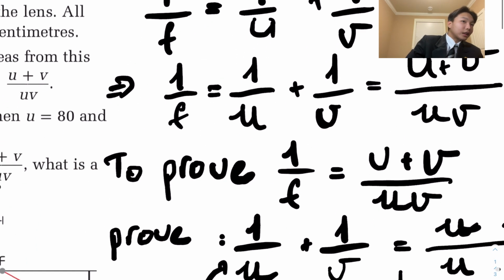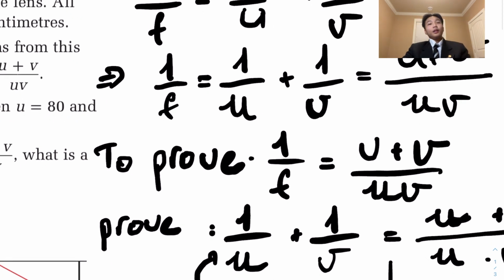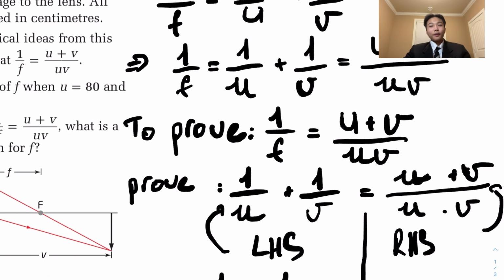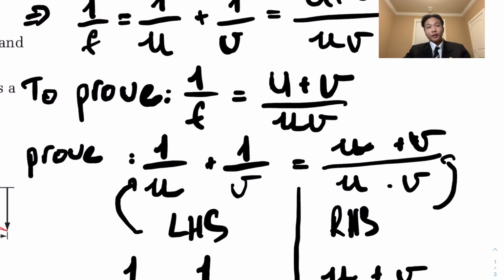And because of that, we can easily prove 1 over f equals u plus v over u times v by using 1 over u plus 1 over v equals u plus v over u times v.